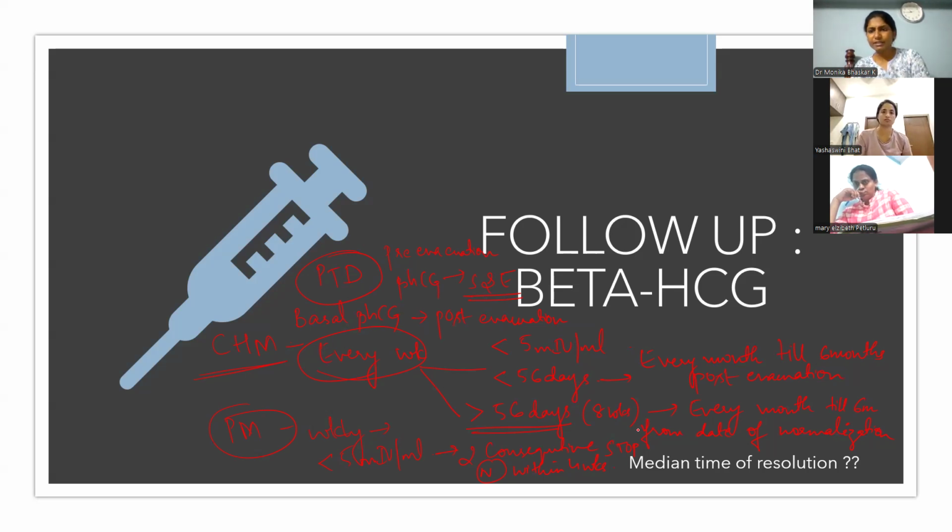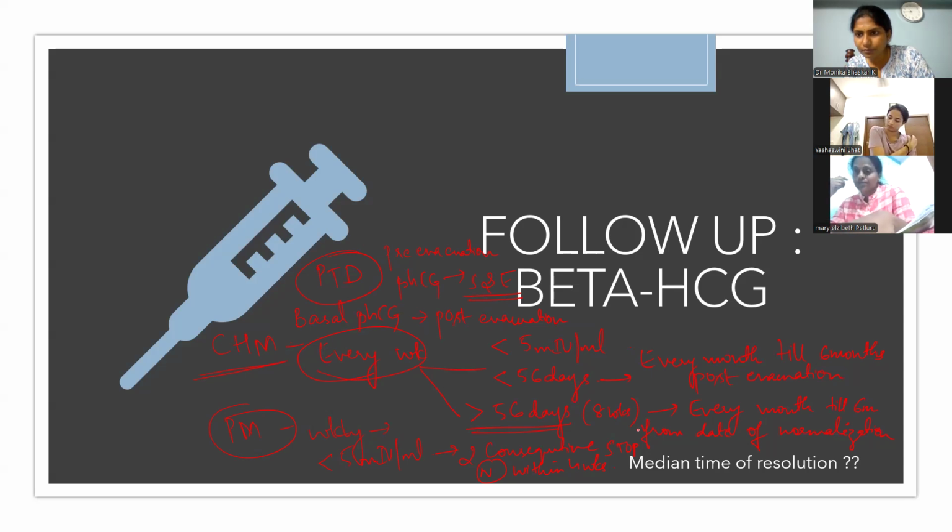Mary madam, can you please repeat how to do follow-up? In a complete mole, on the day of evacuation or after that, a basal beta HCG level is done, and it is followed every month for 6 months post evacuation, that is up to 56 days, if it is less than 5 milli units per ml.